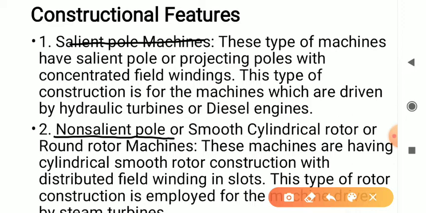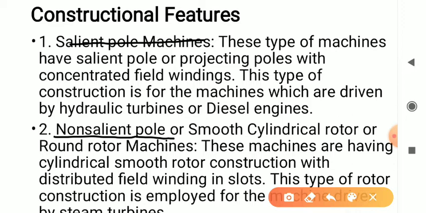The salient pole machine has a projecting pole rotor with a concentrated field winding, and because of the projecting poles, the salient pole rotor is used in low speed generators, which are normally hydraulic generators or engine driven generators.